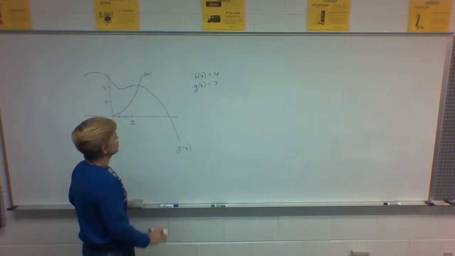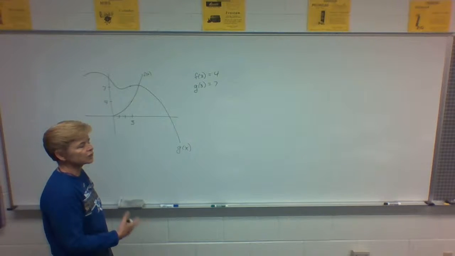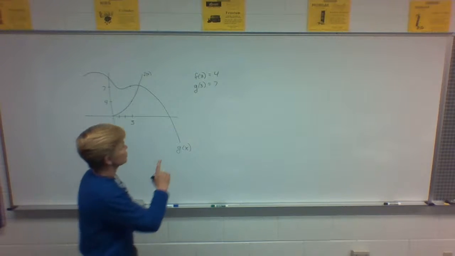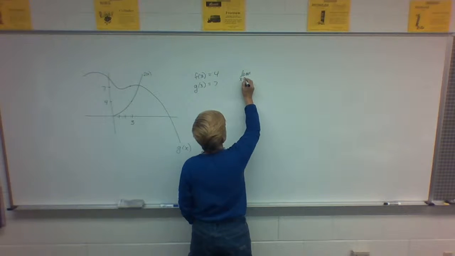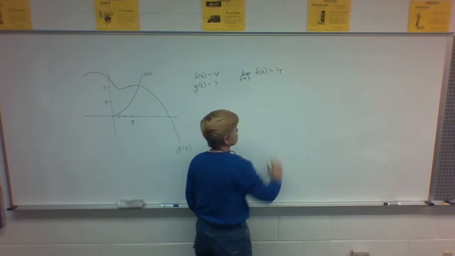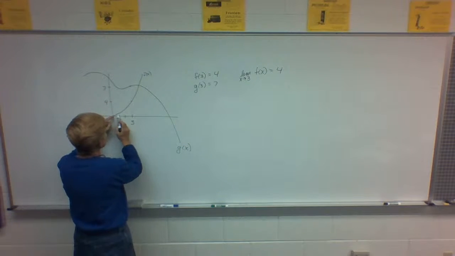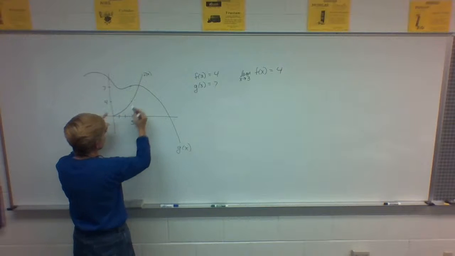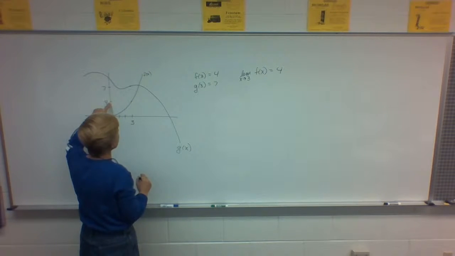Now, because these are polynomials and well-behaved with no breaks in them, no asymptotes, no corners, no weird things, we could also say that the limit as x approaches 3 of f of x is 4. Because when you're on the function f and you are approaching 3 from either side, you're coming in closer and closer to 3, you will land at a value of 4.